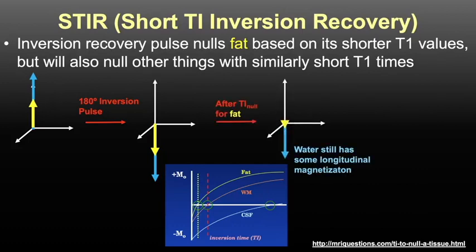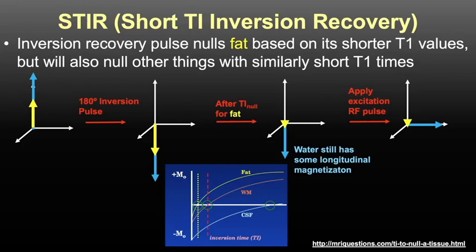when the fat has regained enough longitudinal magnetization to have gotten to that 0 time point, water will still have some longitudinal magnetization. So if we apply the excitation pulse at that point, only the water protons will be excited, and that is the signal we're going to detect. Now, it is important to note here that this is not truly fat selective.